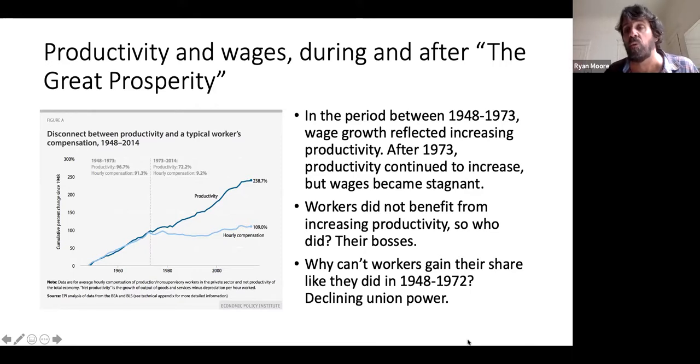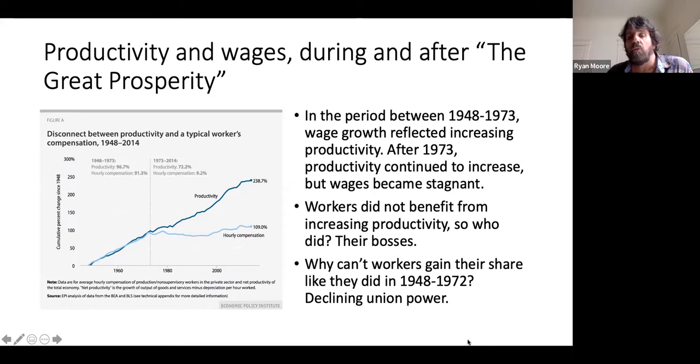The people who are wealthy because of their ownership of business equity, of stocks, of businesses that are profiting from an economy that is more productive, where workers are being paid the same low wage that they've been paid since the 70s. So the bosses, the ownership class, the capitalist class, is the one that really benefited from this situation.